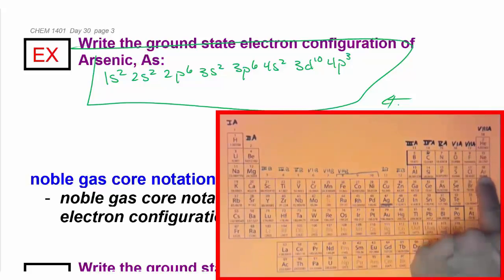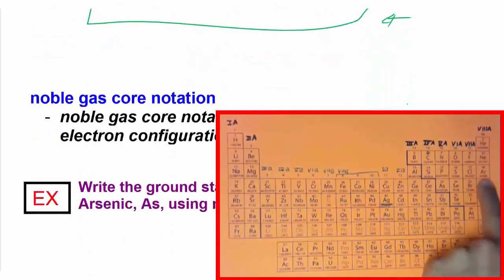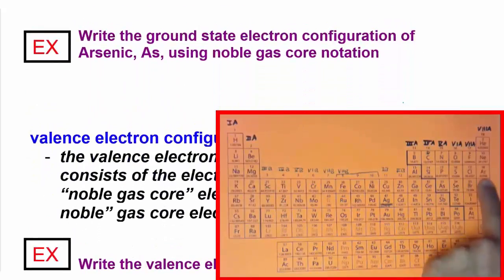We hit argon. So we're going to start at argon and then do what we did before. So noble gas core notation: find the nearest noble gas. In this case, it's argon, and then keep going.